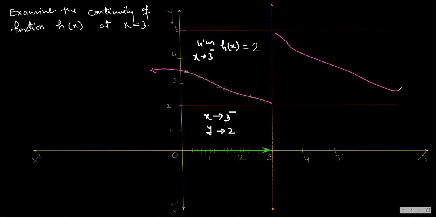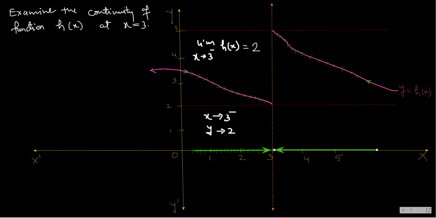So when x is approaching 3 from right, if I move on the graph of the function, that is the curve y equal to h of x, from right to left, I notice that on the function the x value is approaching number 3.